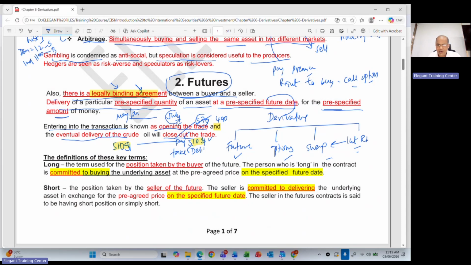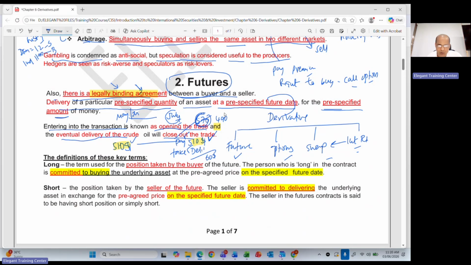In July, let's say the price is 570. How much will you pay? You will pay only 510. That is the agreed price. But the price is 570, so you are making a $60 profit.